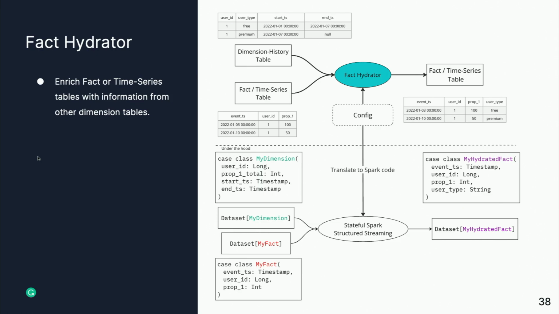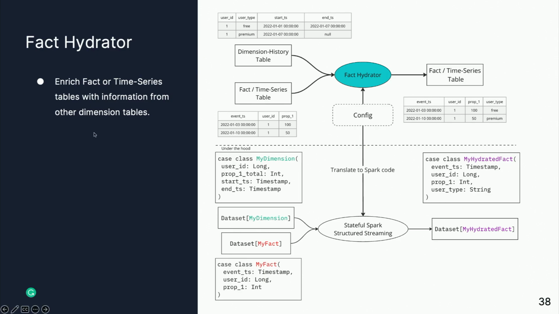Another builder, which is very popular in our company, is Fact Hydrator, also known as Fact Enricher. Here's the point: we have a dimension history table and we have a fact table. We take the information from the dimension history and we enrich the fact table with that information.